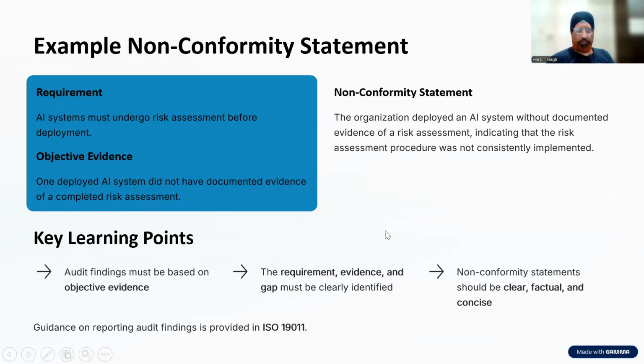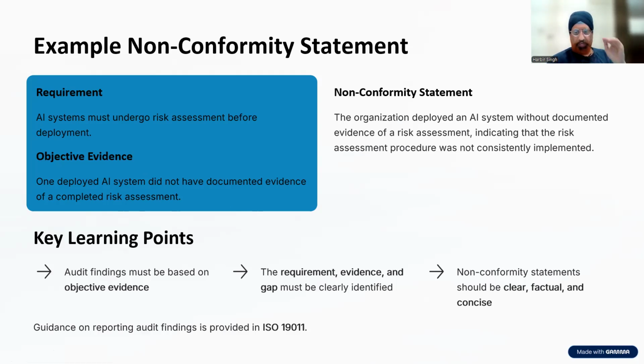Okay. So what are the examples of non-conformity statements? Let's take an example of a requirement: the AI system must undergo risk assessment before deployment. Now, what is the objective evidence that you have collected in reviewing this requirement in the real-life system? One deployed AI system did not have documented evidence of a completed risk assessment. That is the objective evidence.